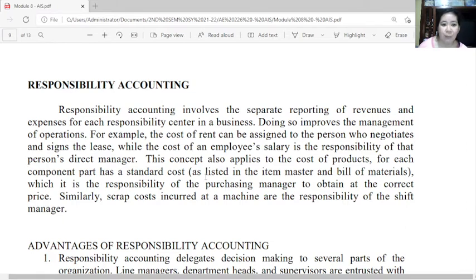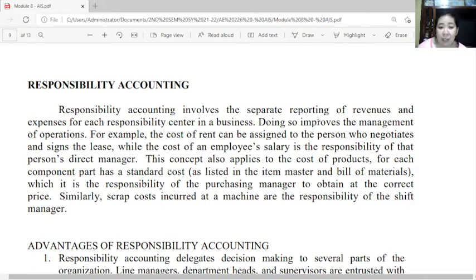So we will have a short overview of responsibility accounting. It was discussed in your strategic cost management or even management accounting, but to refresh you with the idea, let us discuss it briefly.